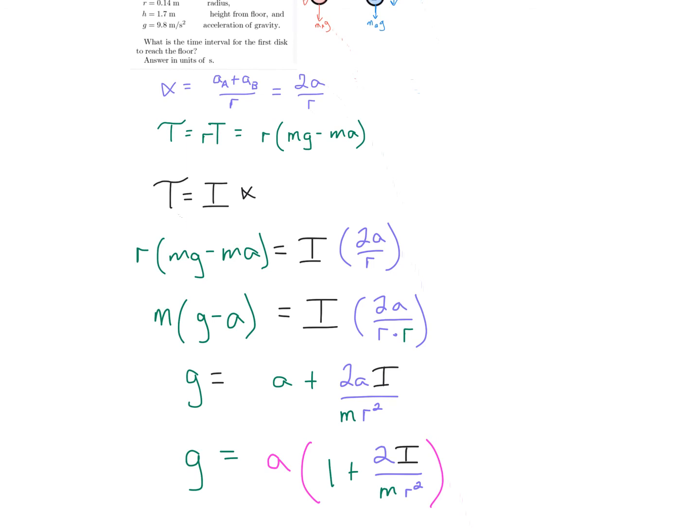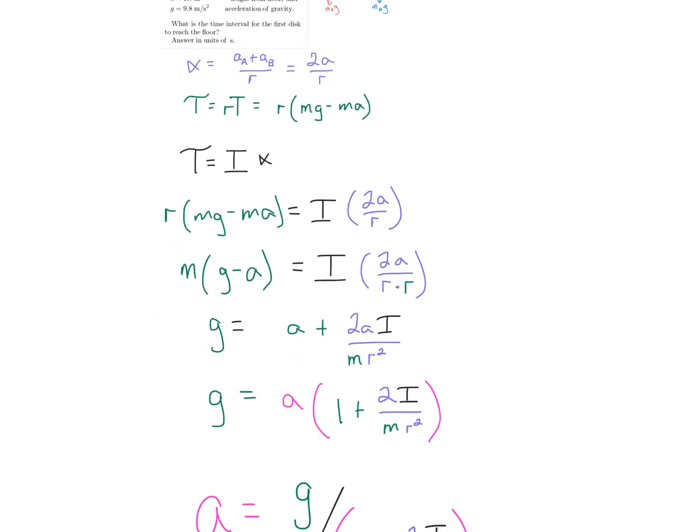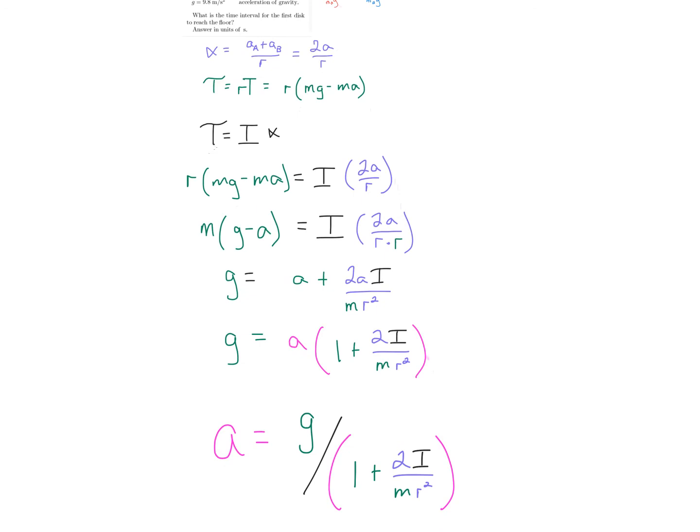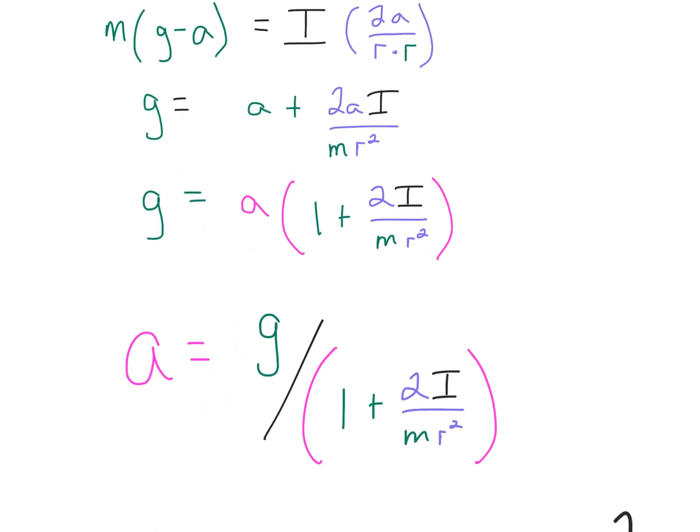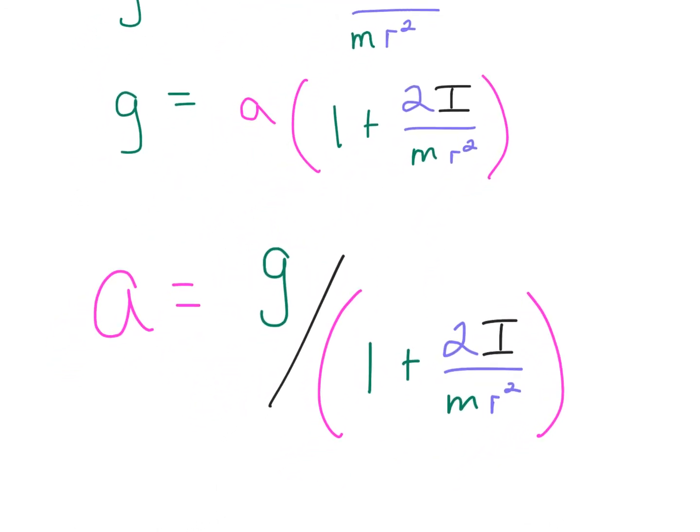But let's keep trying to manipulate and move this around to solve for a. At this point, it's pretty easy to get a by itself. We can just divide the parentheses to the left-hand side, and it gives us this huge mess. And so this is the goal of everything that we've done so far, to get acceleration. That's not our final answer. So once you solve for acceleration, that is going to allow us to find time.